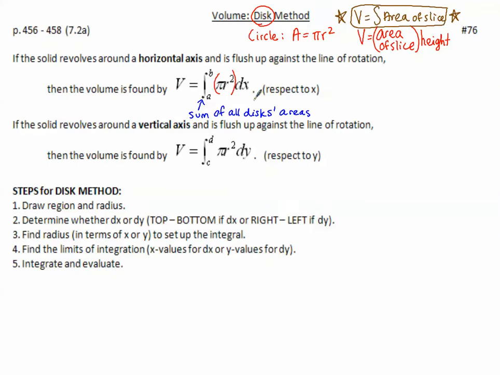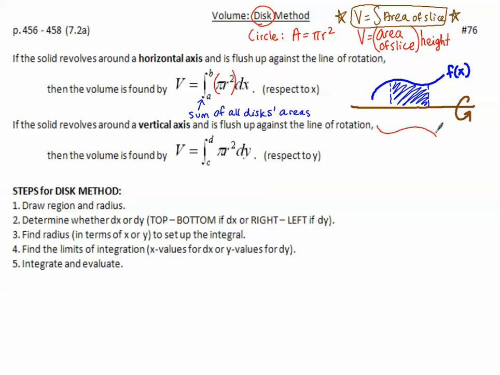This is going to be with respect to x when I have a horizontal axis of rotation. The region that I'm revolving, let's call it f of x. I'm going to shade that region first, and then I'm going to show, after I show the reflection, how the radius goes from the axis of rotation to the original curve.